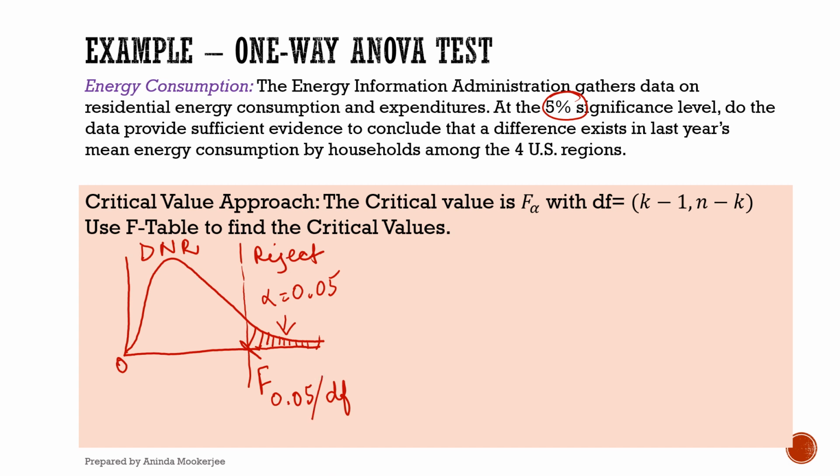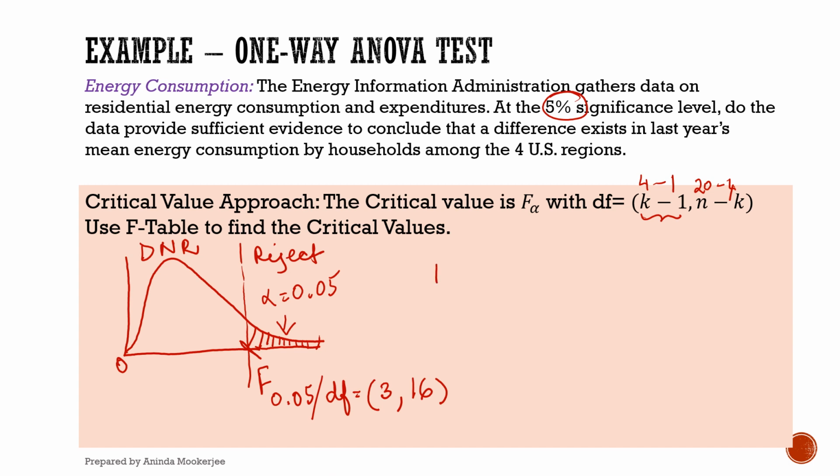There are 2 parameters for the DF. One is k minus 1, which is 4 minus 1, which is 3, and the other one, n was 20, so 20 minus 4 is 16. So the numerator is 3 and the denominator is 16.